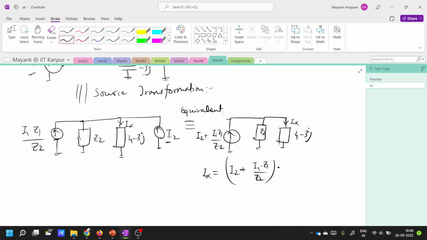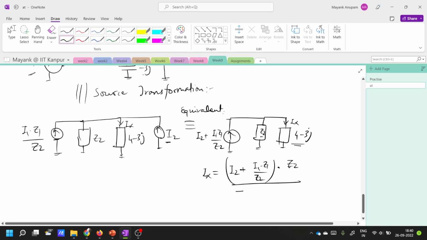The current which you want to find out is in this impedance, so you'll be multiplying it with this impedance here, right? This is Z2 divided by Z2 plus 4 minus 3j.